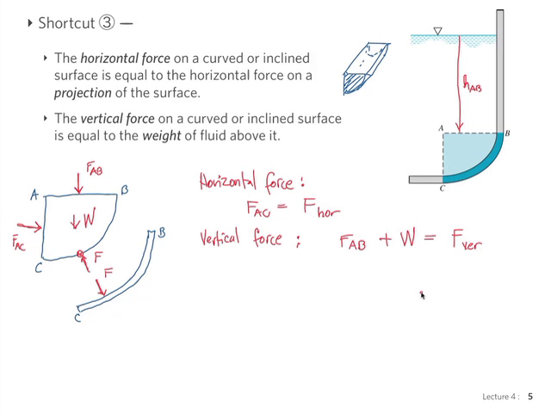So it's going to be gamma h times area. This force FAB is really equal to gamma times hAB times area AB, which is basically the weight of the column of fluid above.